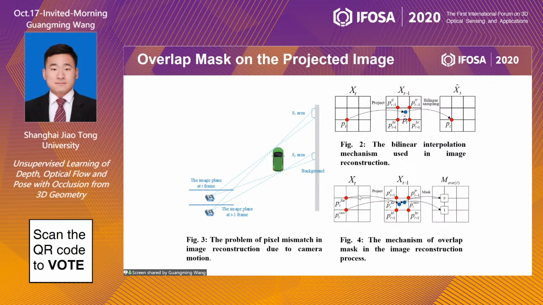In the process, maybe there are 2 points that project to a similar pixel position, like in figure 3.